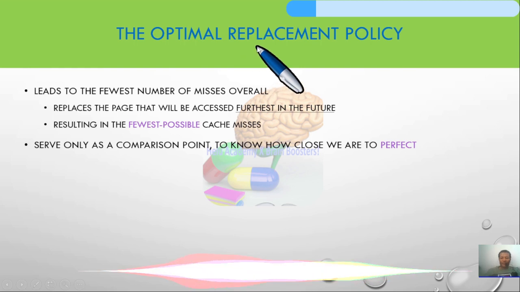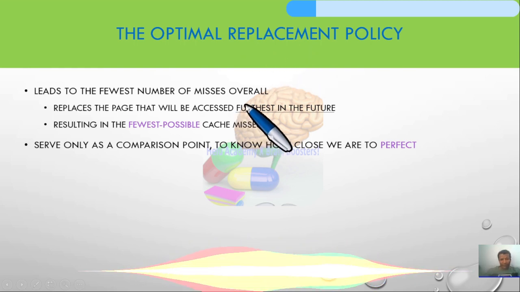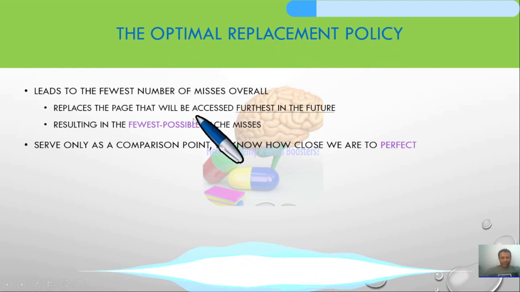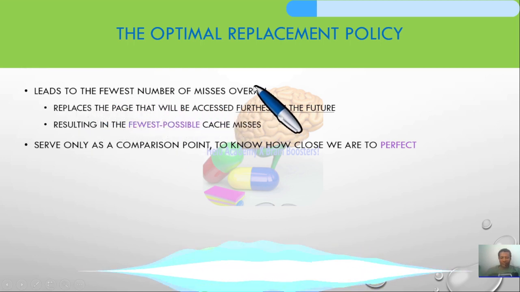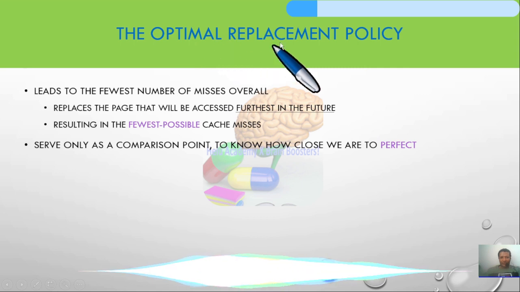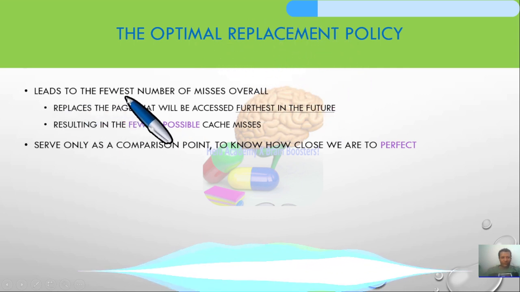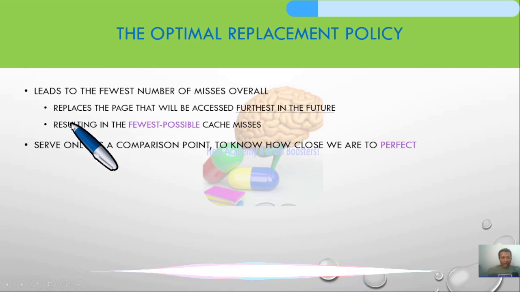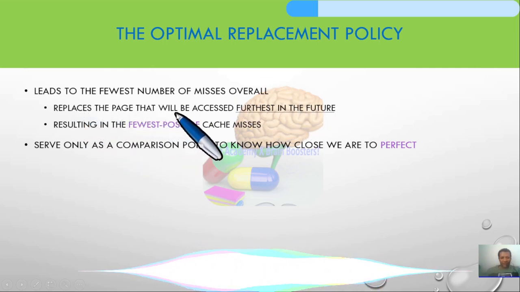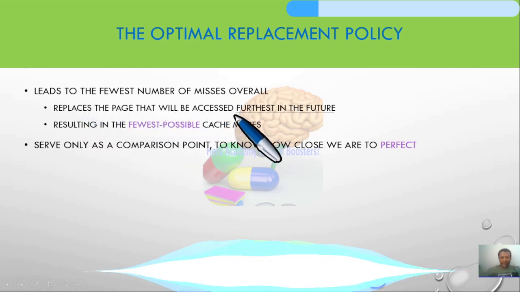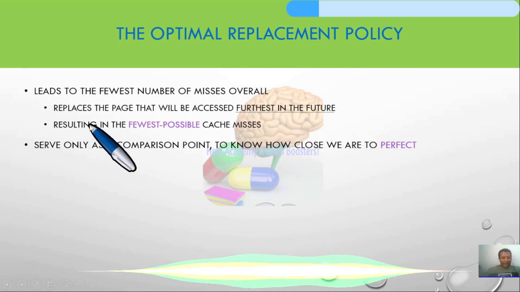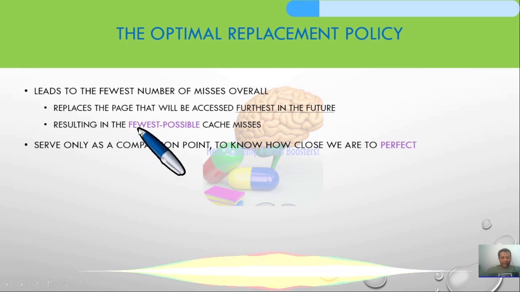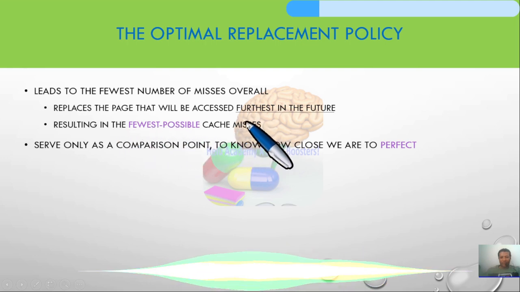Now let's see the policies, starting with the optimal. The optimal replacement policy leads to the fewest number of misses overall, so this is an excellent policy. It replaces the page that will be accessed furthest in the future, resulting in the fewest possible cache misses.